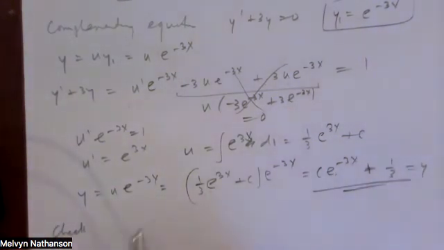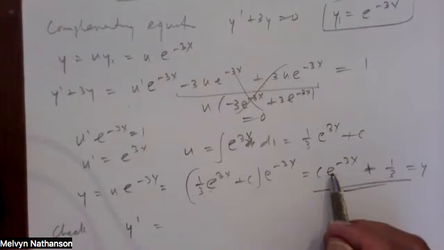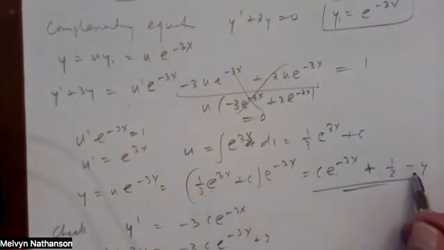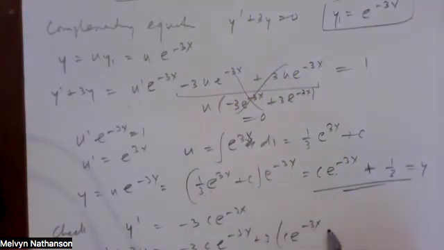So this is y. So y prime is minus 3c e to the minus 3x plus 0. So y prime plus 3y is minus 3c e to the minus 3x plus 3 times y, c e to the minus 3x plus a third.